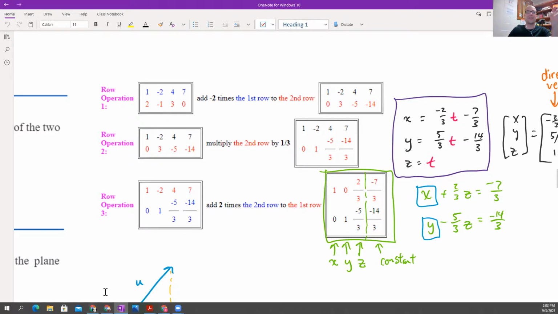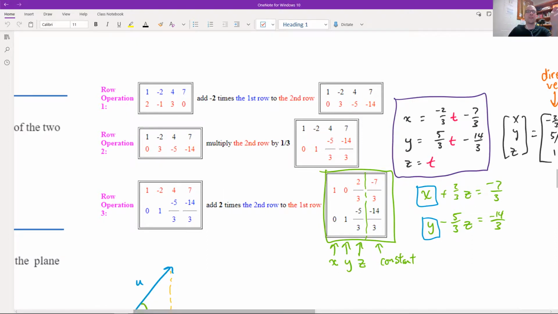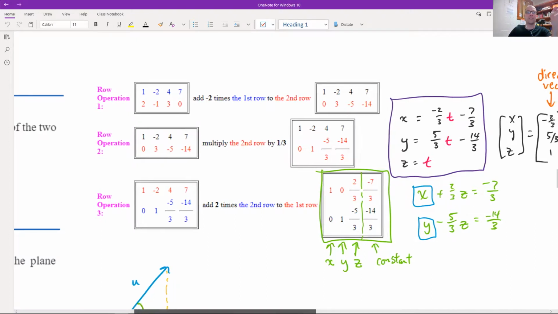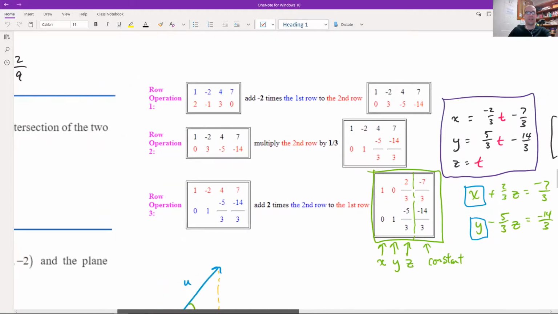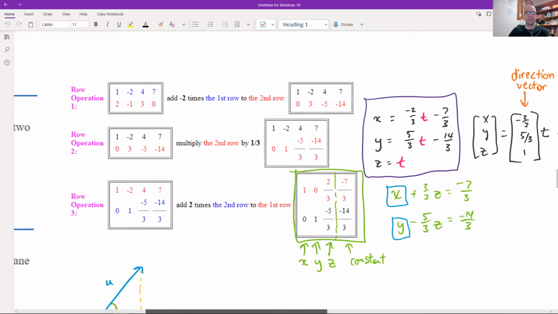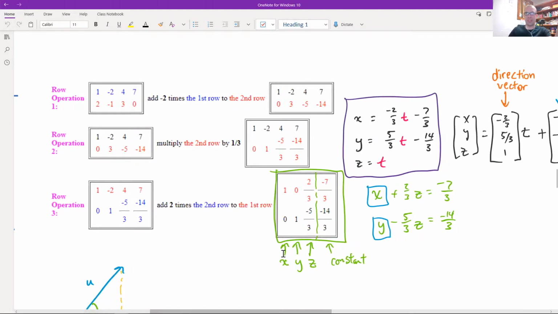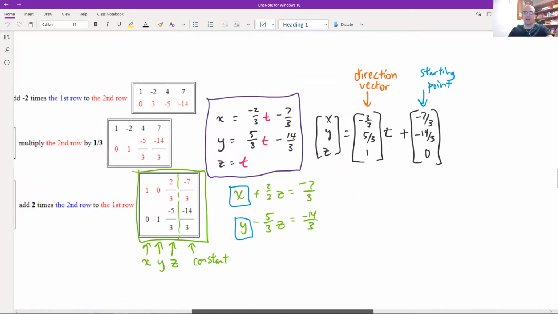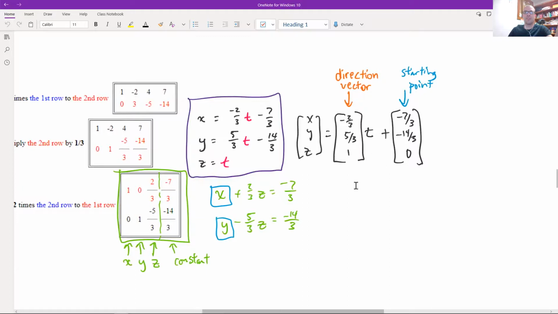And that is a straightforward way to just work with the scalar equations, do elimination, and you come up with an equation such that you've solved for x in terms of z, you solve for y in terms of z, and z is just itself, so that you're able to get a direction vector and starting point, no problem.